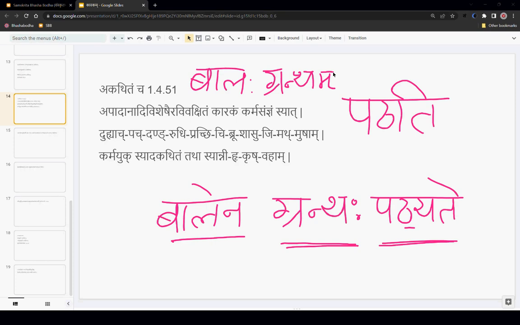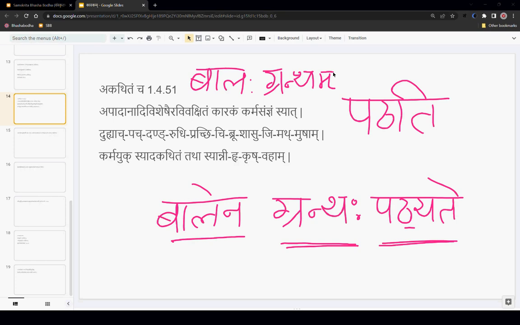Is it because Bala is the one that's doing the reading here? Grantham is being read by the Bala. So that's what I'm thinking. No, that's all. I understand that. That is true. When we understand and try it, whatever English or whatever we say. But we are trying to grammatically analyze this.